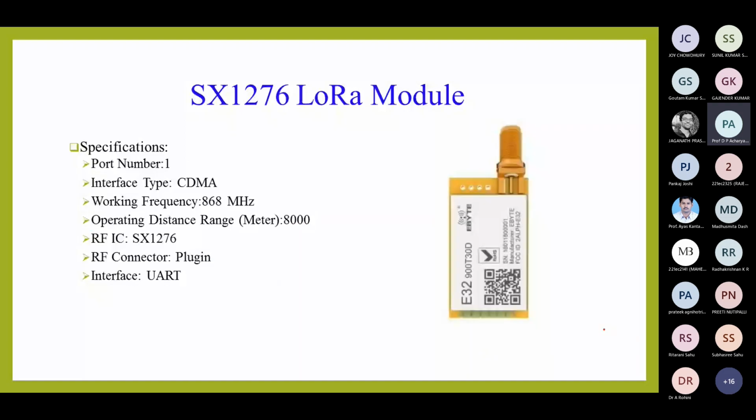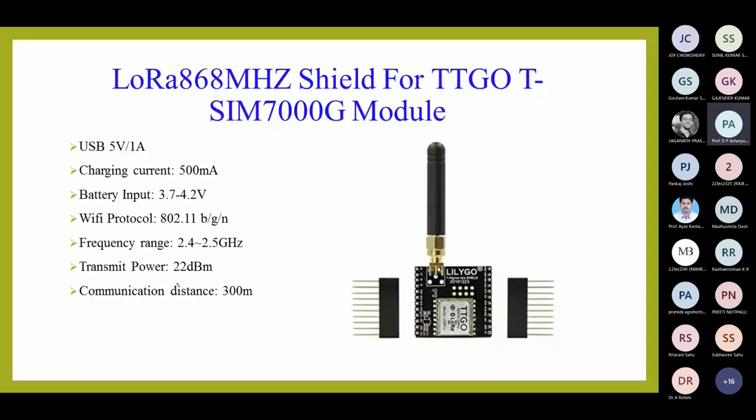This is the SX1276 LoRa module. It uses spread spectrum, which is the basis of CDMA. 868 megahertz, 8,000 meters, meaning 8 kilometers. There's a plug-in RF connector, and UART is of course there. Shields are also available for that.